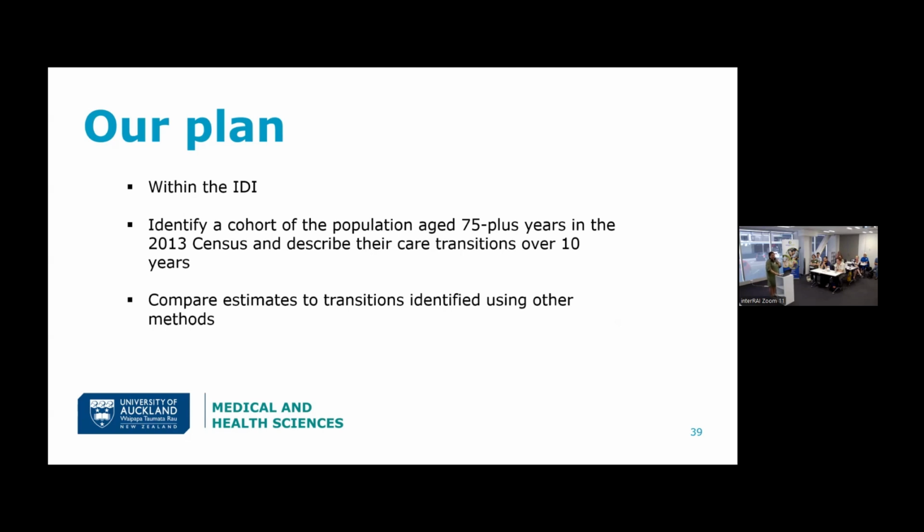And then we hope to compare the estimates that we get from this method to the estimates that can be gathered from other methods, including the Social Wellbeing Agency's change of address method.